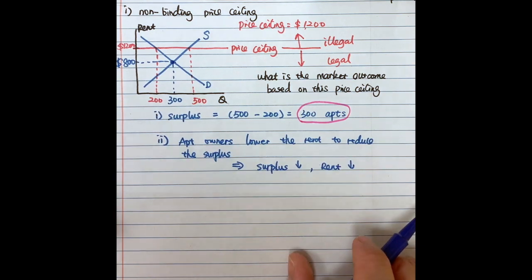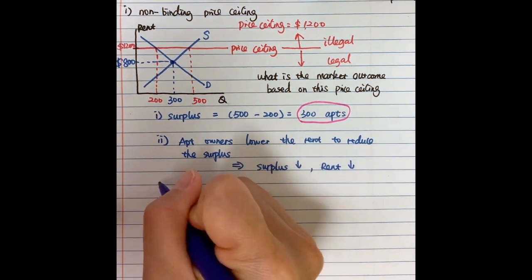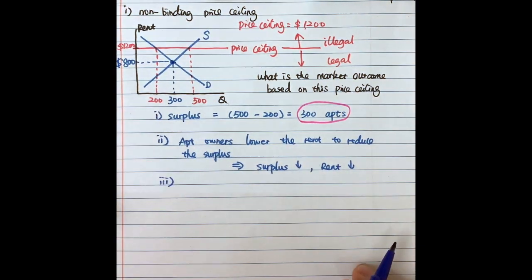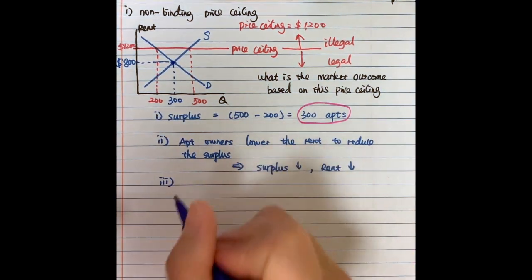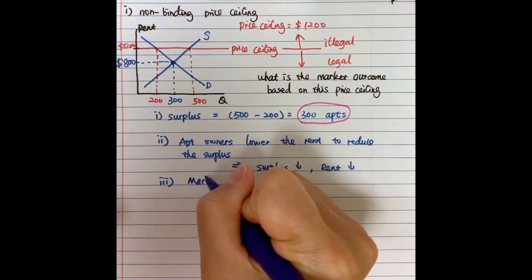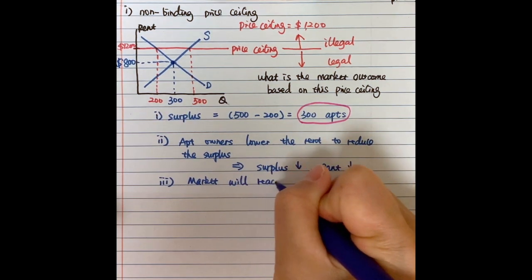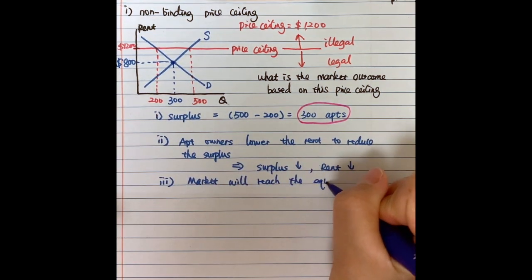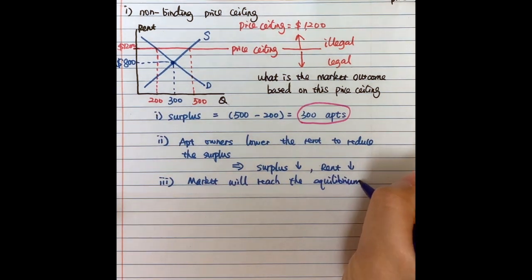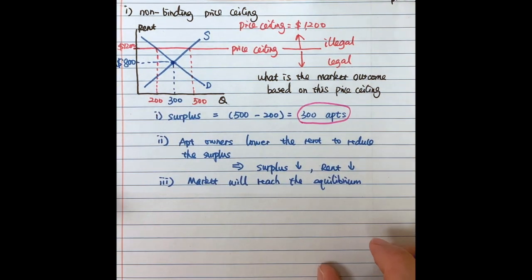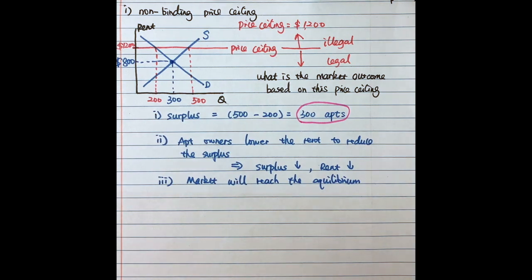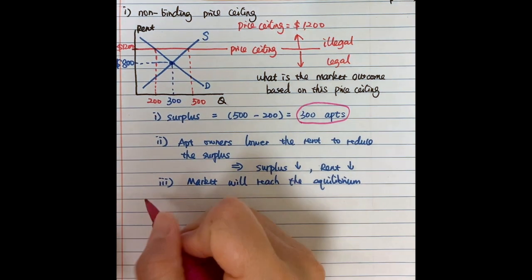And when the market becomes stable, the market will reach the equilibrium even under this price control. Therefore, we have the conclusion here.